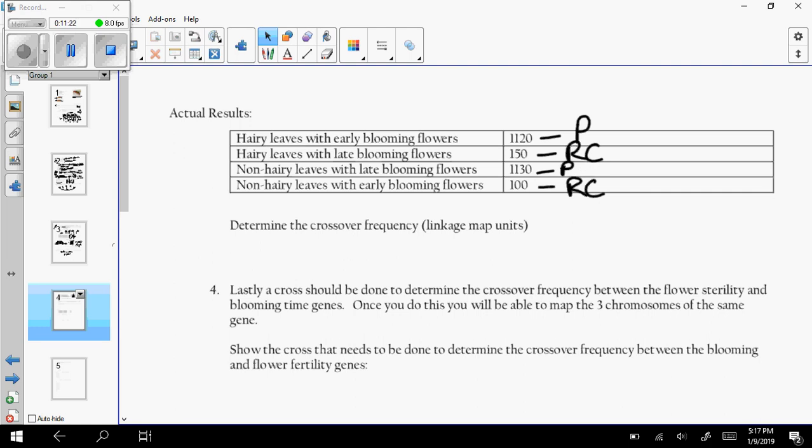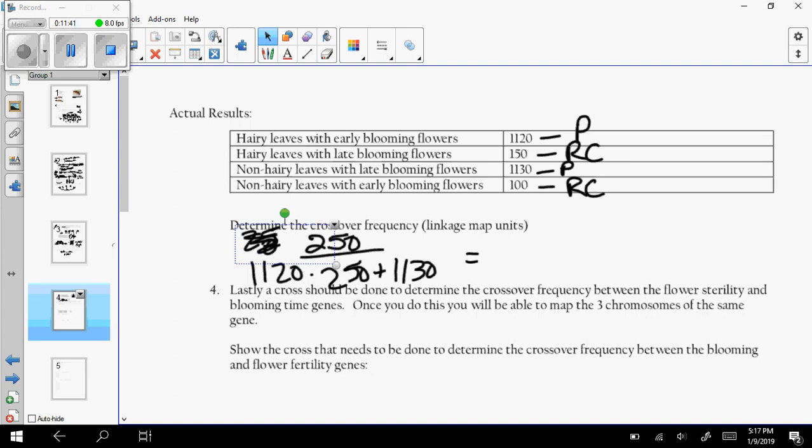Crossover frequency. All right, so this time I'm putting 150 plus 100, so that's 250, over 1120 plus 250 plus 1130.